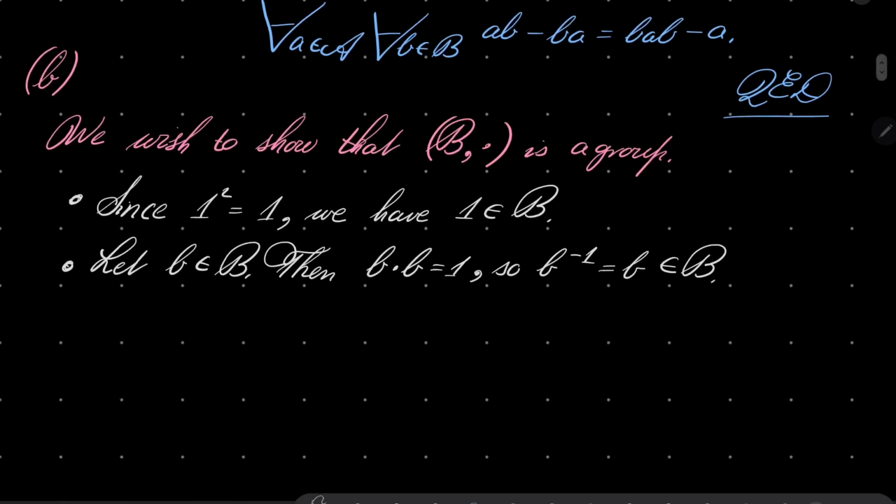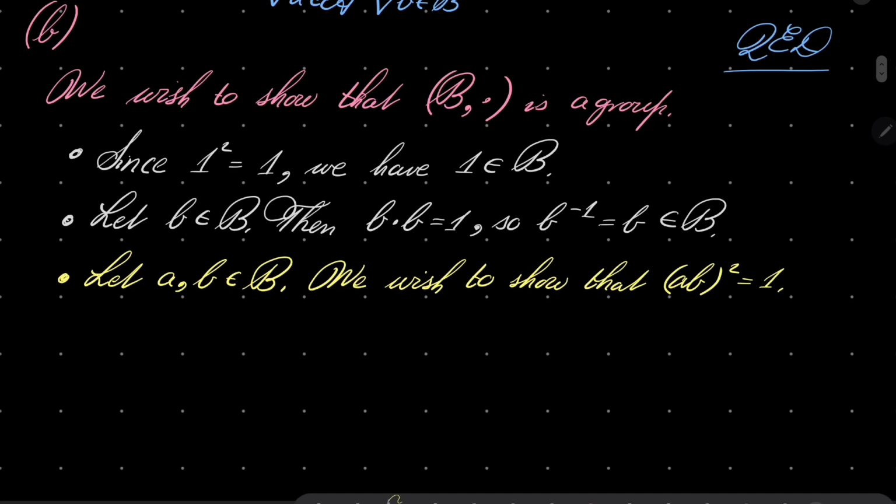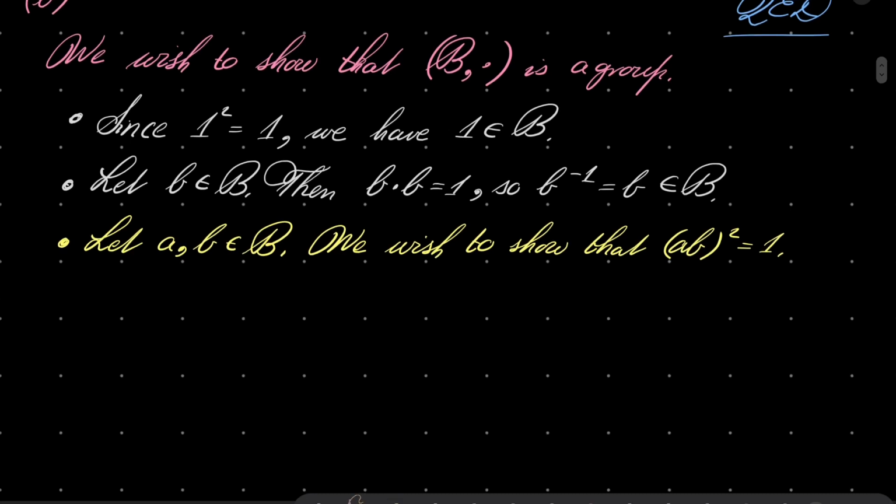The last condition is harder to verify. Now let A and B be two elements of B. We wish to show that AB squared is 1, but it needs some work. Now, I will first consider this expression, AB.